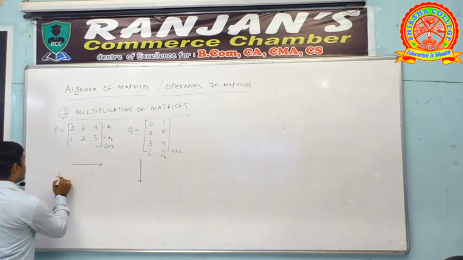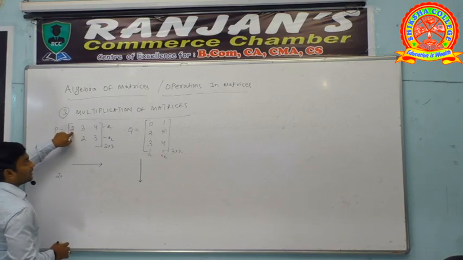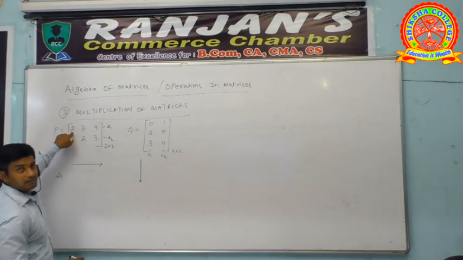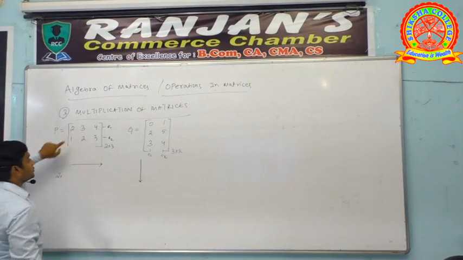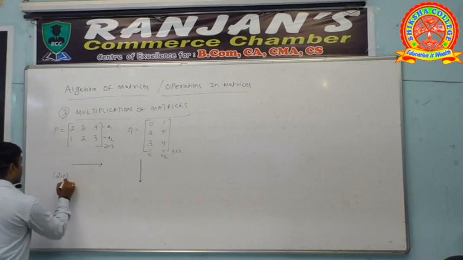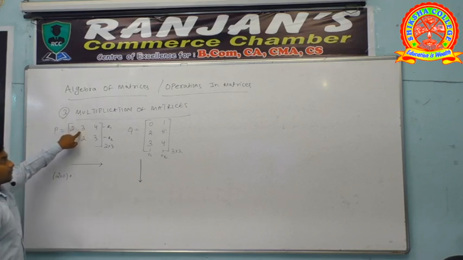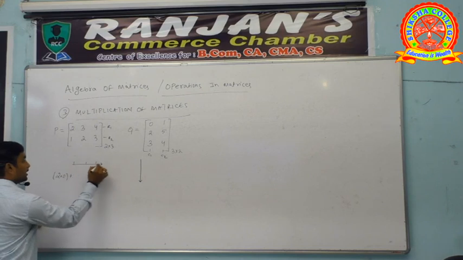It is like 2 multiplied with its corresponding element, 0. 2 into 0. Clear? Plus, then 3. See the movement. See here, 1, 2, 3.